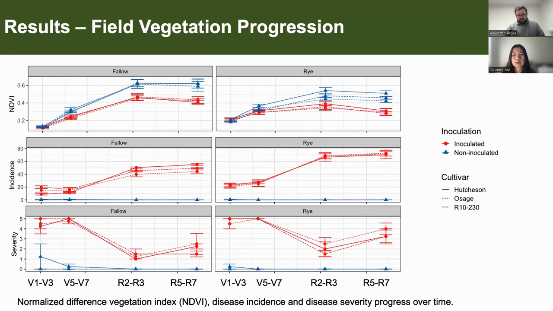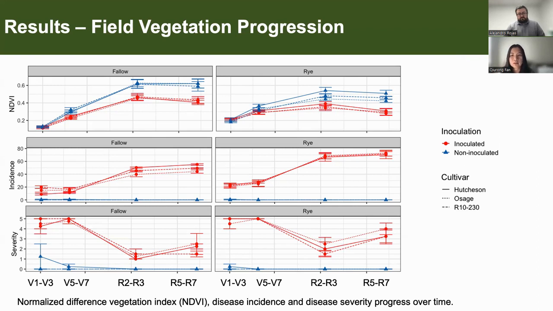When we rate the disease progress through the incidence, we constantly observe plant death in the inoculated plots throughout the growing season. The cover crop-treated plots have a higher percentage of symptomatic plants and dead plants when compared to the fallow-treated plots. When we look at the severity plot, we can see that in the inoculated plots, there are still some symptomatic plants present in the field throughout the season.